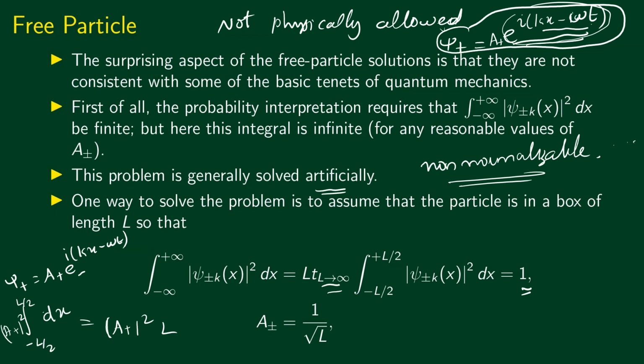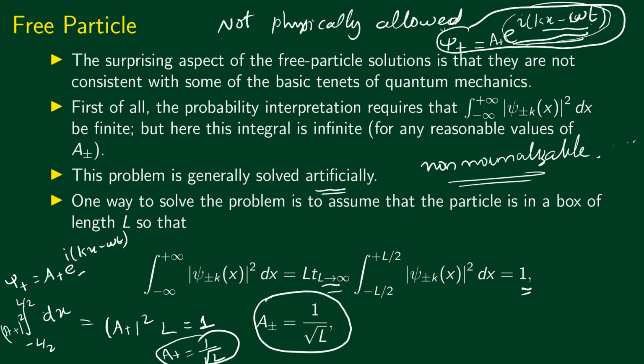We carry out the calculations assuming it's in a box of length L, and in the end, we can take L tends to infinity. Since this is finite, we can demand that it be equal to 1. That would be the normalization, and then we get A plus equal to 1 by square root of L. Similarly, for A minus, it's also 1 divided by square root of L.